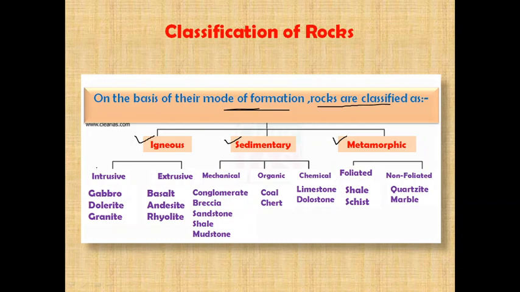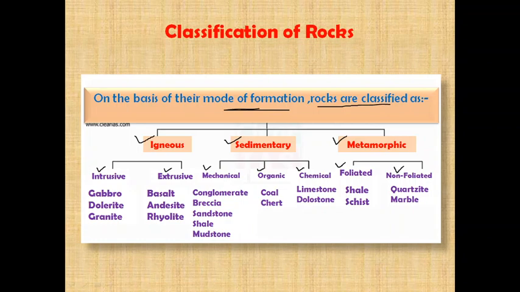Igneous rock is subdivided into intrusive and extrusive igneous rock. Sedimentary rock are subdivided into mechanical, organic and chemical sedimentary rock, whereas metamorphic rock are subdivided into two parts, that is called foliated and non-foliated.